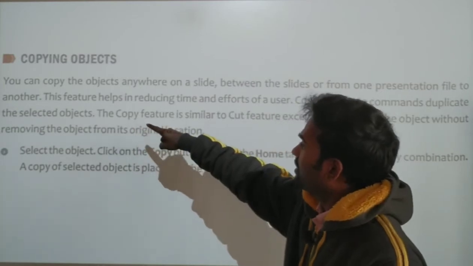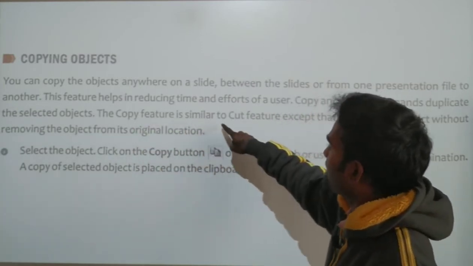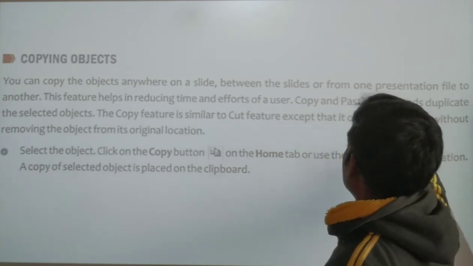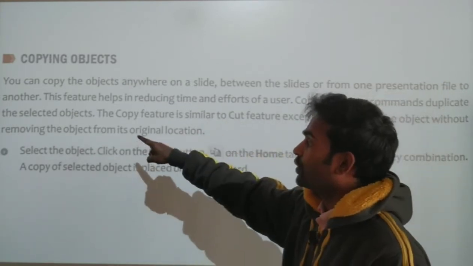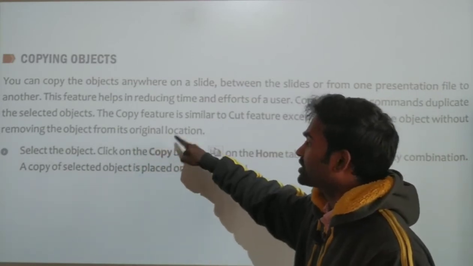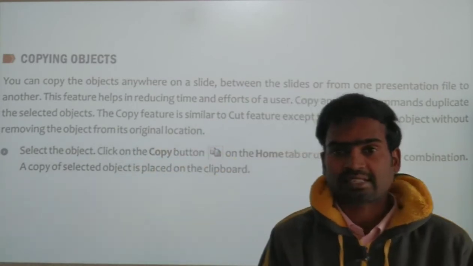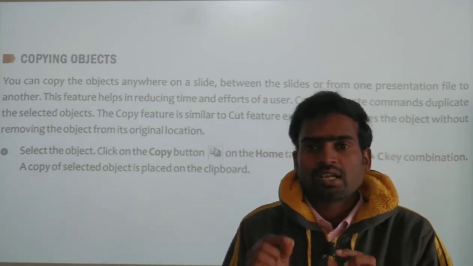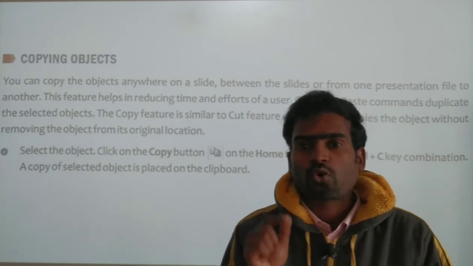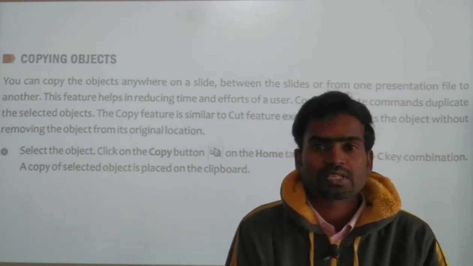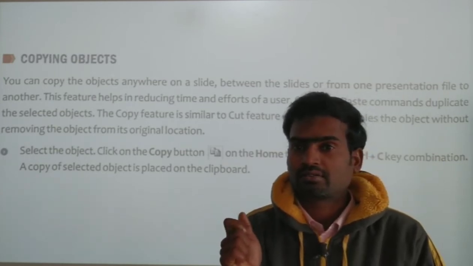So the copy feature is similar to the cut feature, except that it copies the object without removing the object from its original location. When we cut yesterday, it was removed from the original location, but today we use the copy option, which will not remove it from the original one. It will take a duplicate of it, right?